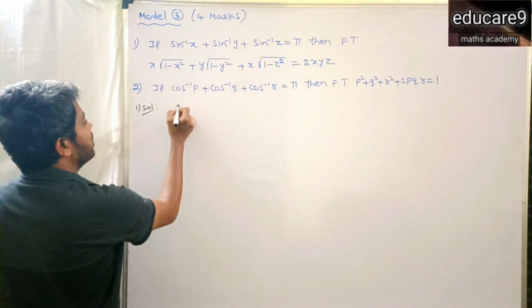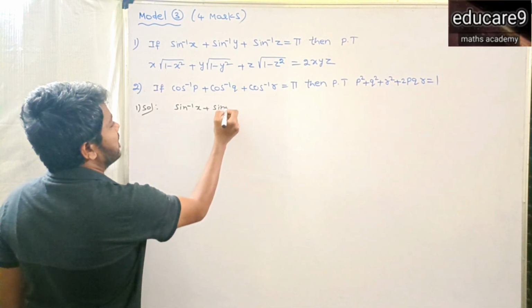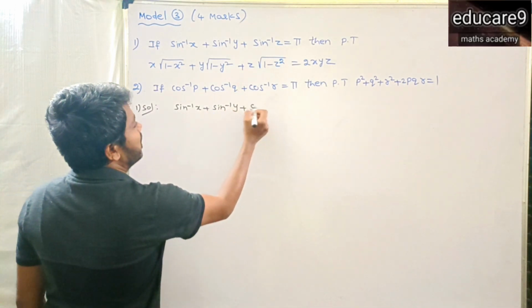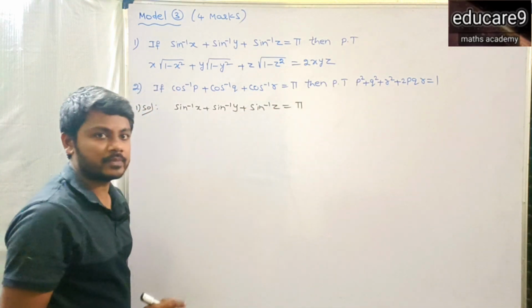So here given sin inverse x plus sin inverse y plus sin inverse z equals pi.